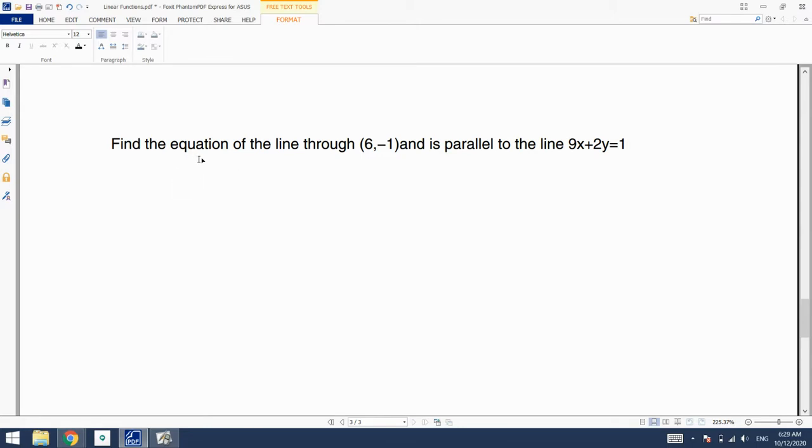We need to find the equation of the line through (6, negative 1) and parallel to 9x plus 2y equals 1.